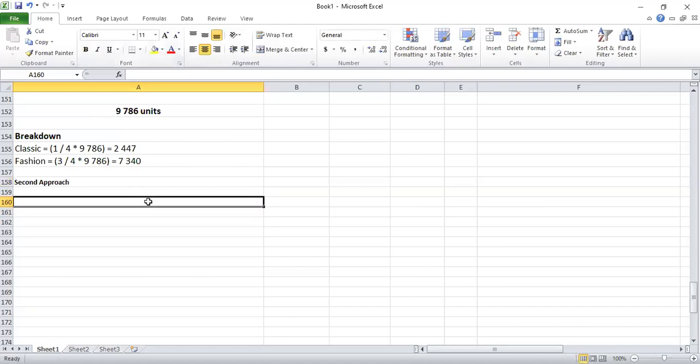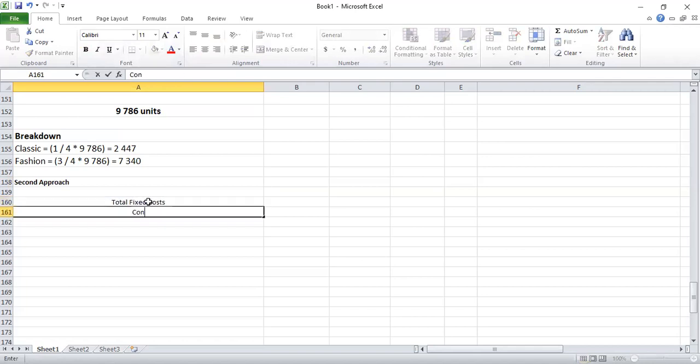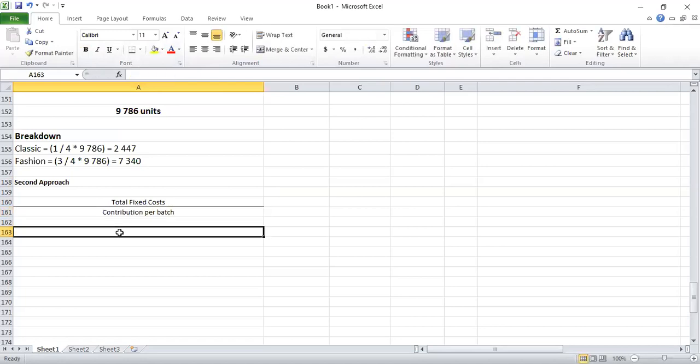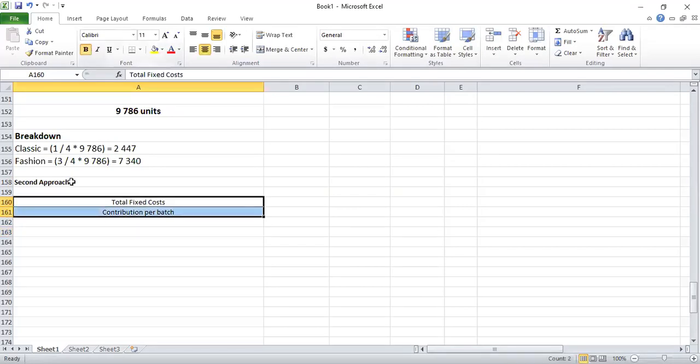You can say total fixed costs over contribution per page. The total fixed costs we've already calculated. Our contribution per page we would calculate as follows.